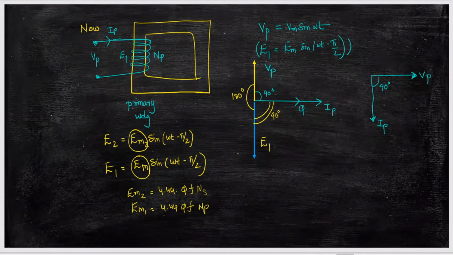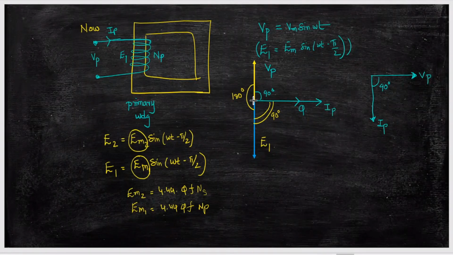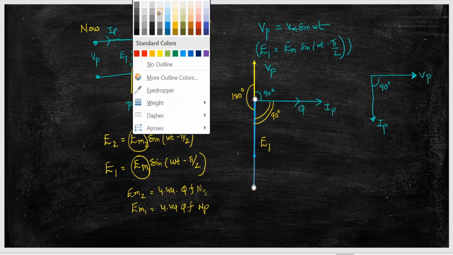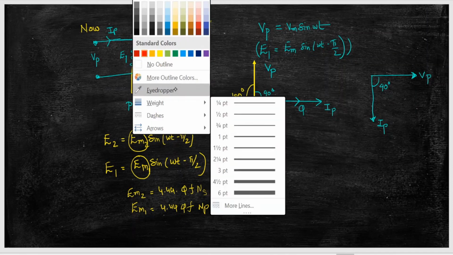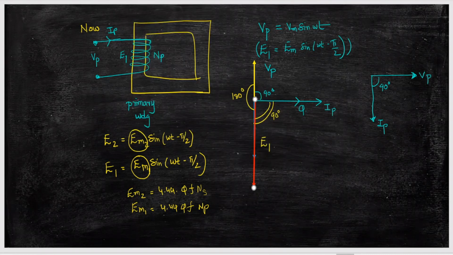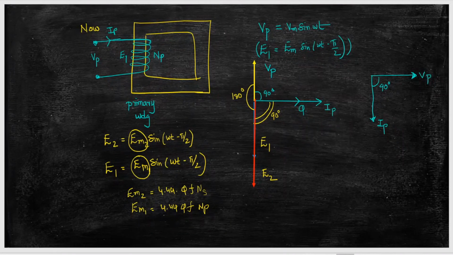But the E2, which is induced because of the flux phi on the secondary side, will also have the same orientation as E1. Why? Because we are representing with respect to phi. That's why this is your E2, and this is your E1.